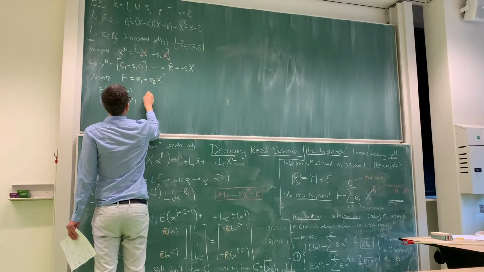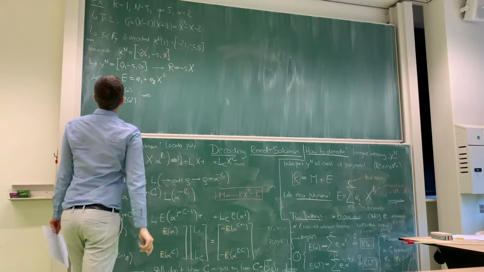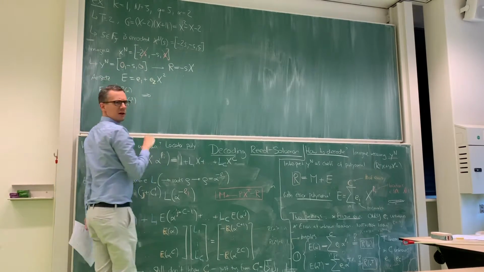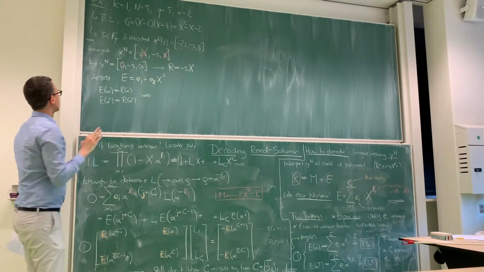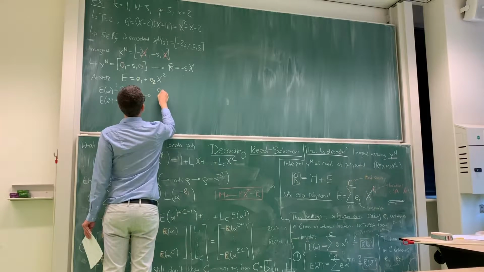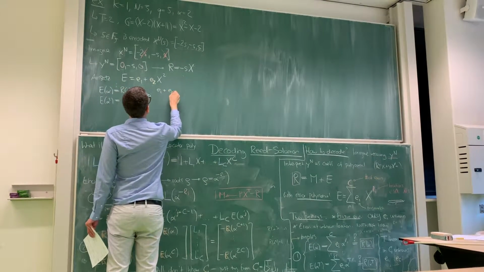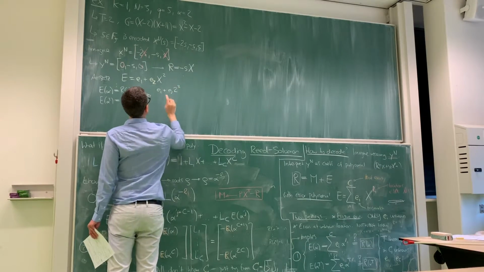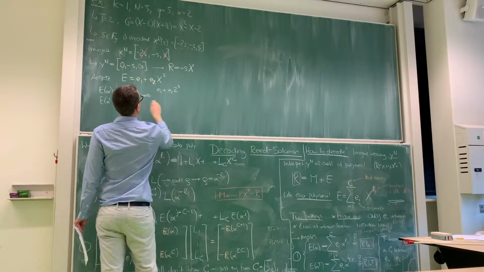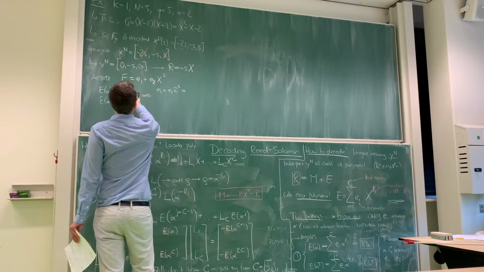So let's write the system concretely. What is alpha for us? Alpha is 2. So the first thing will be e1 plus e2 times 2 squared. That's our E of alpha, and that should be equal to R of alpha.